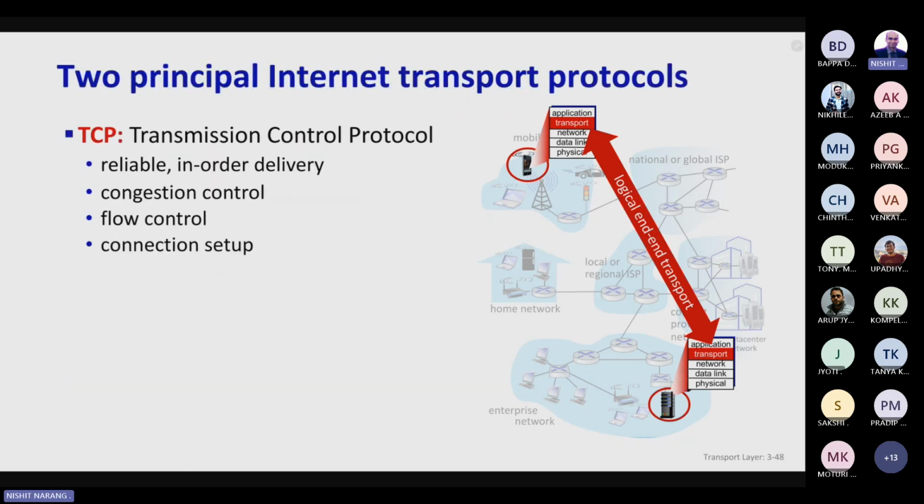So TCP is short for transmission control protocol. It's a transport layer protocol which makes sure that the messages reach the application in a reliable fashion, which means if there are any packet losses that happen in the network, and we saw that there are various reasons why packet losses could happen.